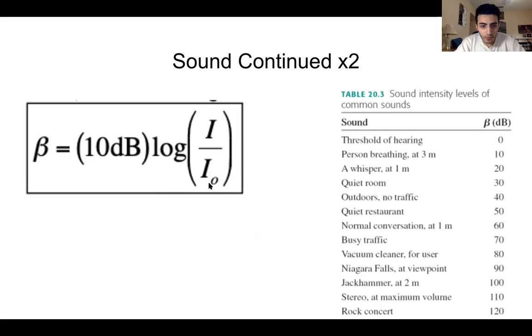If we're trying to find the decibel level for the threshold of hearing, this is I naught over I naught. This will give us 1. Log of 1 is 0. So that's why our decibel level is 0. I don't want to jump to conclusions, but usually on a test you'll be given a decibel level and asked to find the intensity, or you'll be given the intensity and asked to find the decibel level.